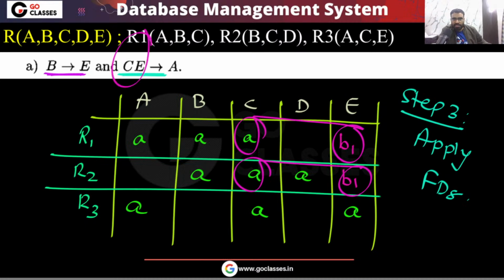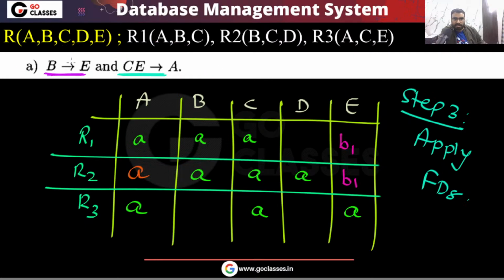So the first and second tuples have the same CE value, so they must have the same A value. Here the value is A, so automatically here also the value will be A. Is this clear? Very simple.